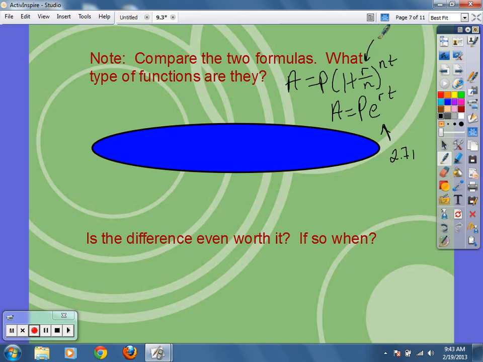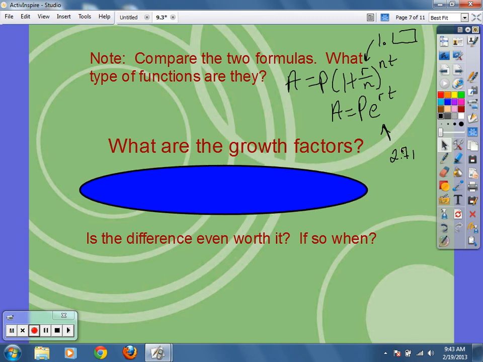And this is going to be bigger than 1 because it's 1 point whatever r over n is, because 1 is being added to it. So they are both exponential growth. What are the growth factors? We just said that. That's going to be 2.71 for the new one, for the continuous compounding. And then the regular interest formula is going to be 1 plus r over n.